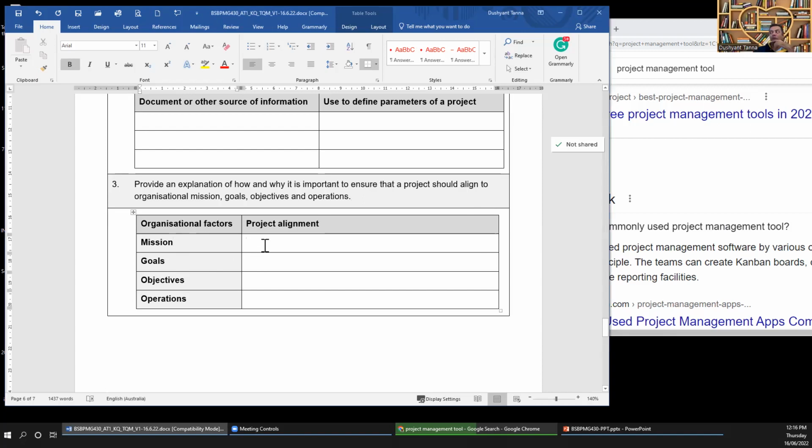So for example, let's talk about mission. What is a mission? It's a broad, high-level statement of what an organization is trying to achieve. Any project that you try to do should support the mission statement. For example, if someone's mission is fresh food, that means they are talking about fresh food and how to deliver it effectively.